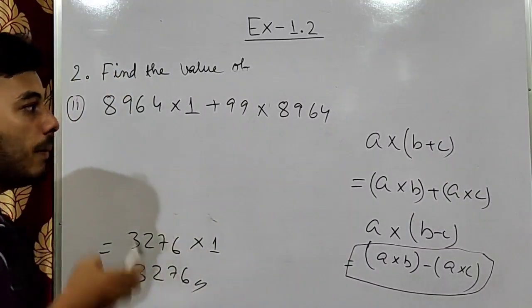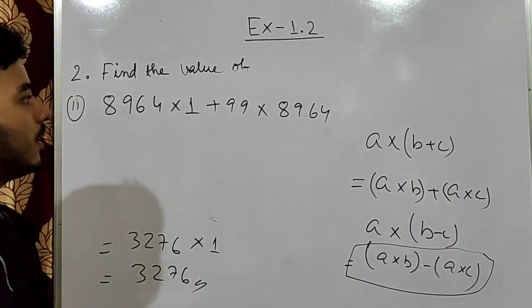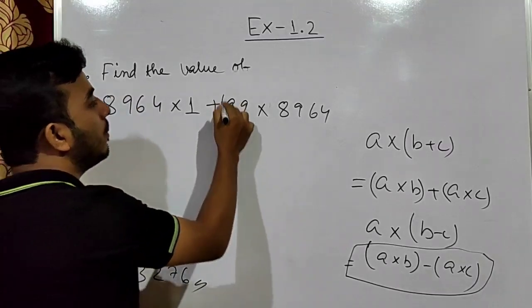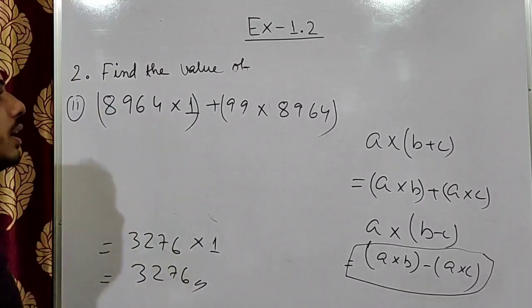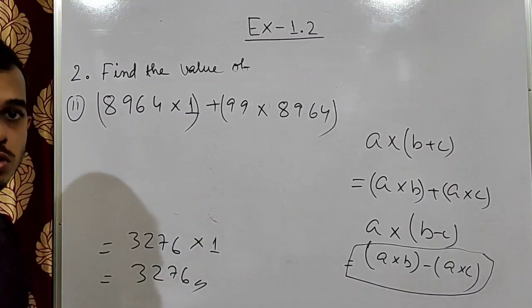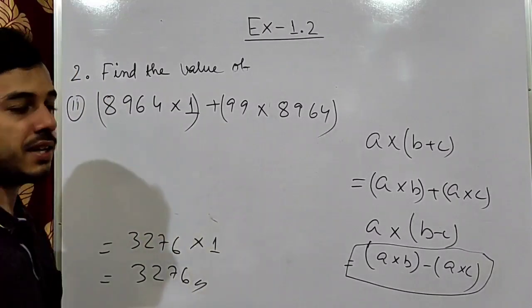If you give bracket, it will be better for you to understand. So in this question also we will give bracket. So if we give bracket, we can easily find out which one is common, right? That is, which one is A in that case.